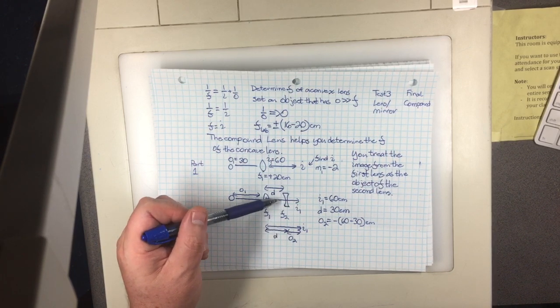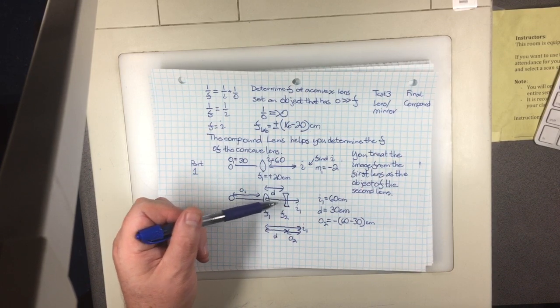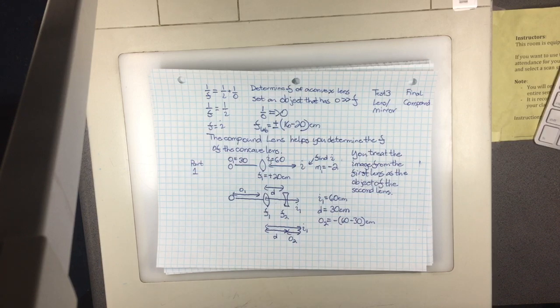If the image was here from the first, the new object distance would be positive, because the image from the first becomes the object for the second. The object is to the left of the concave, so it is a positive object distance. So you have to know where it is in relationship to the lens.